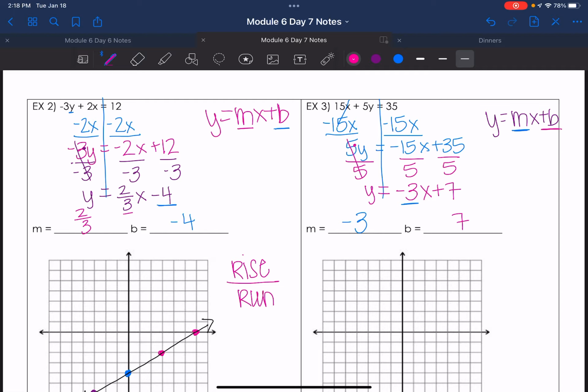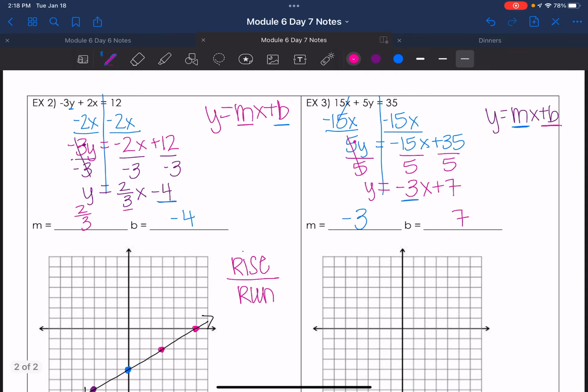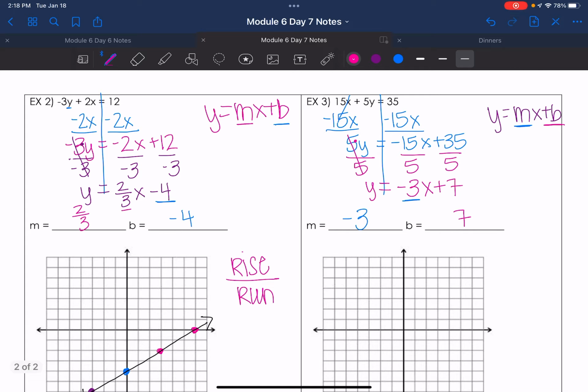So we are going to start at positive 7 on our y-axis. So 1, 2, 3, 4, 5, 6, 7, way at the very top. And then we're going to go, now notice it says -3. That's a whole number. I can change -3 to be a fraction by placing it over 1. So we know that slope is rise over run.